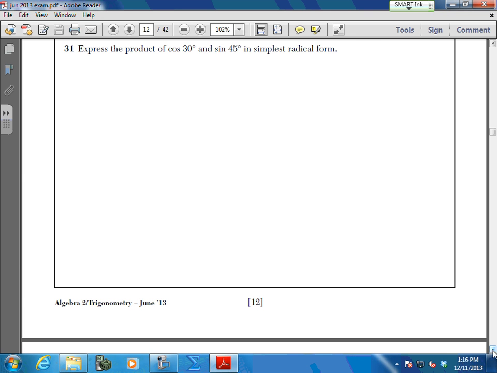Number 31, this is a problem using your cosine and your sine of your special right triangles. They want the product, and they want it in simplest radical form, which means this is exact value. So let's do the special triangle for 30 degrees.